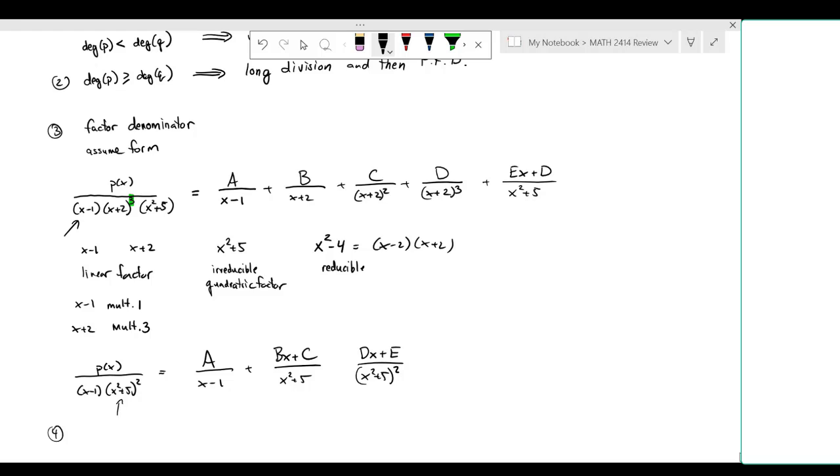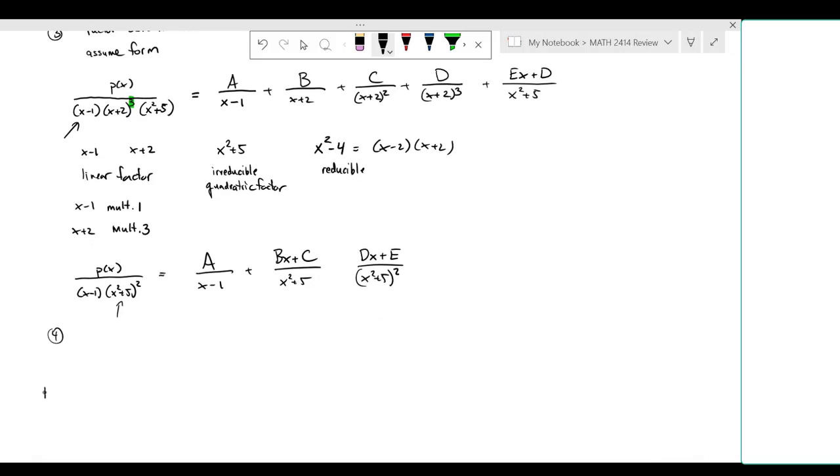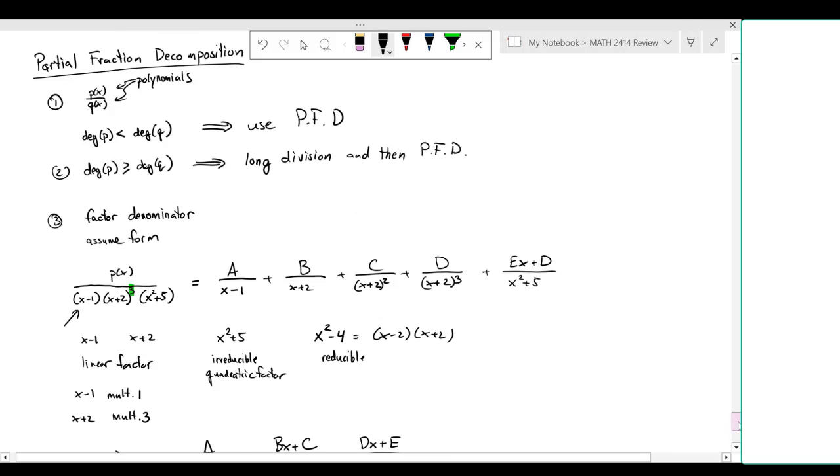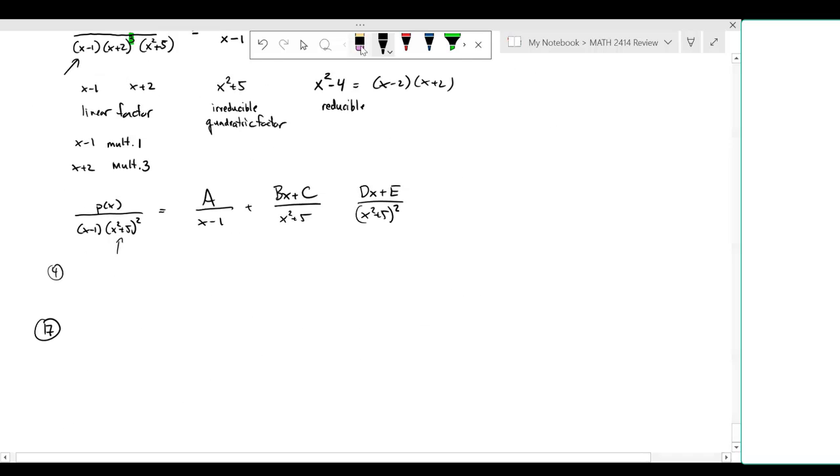Okay, let's start with an example. So we have a polynomial divided by a polynomial.